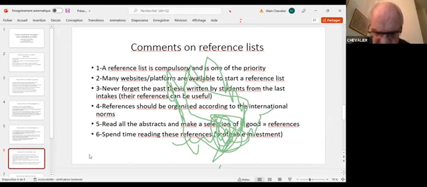Don't forget that, and this is one of the weaknesses of some of your preceding intakes, that we have a large number of websites, platforms, which can be used to extend your references and to design, of course, your reference list. Okay, use them. Use also, as I said a few words this morning on that, past theses written by students from the last intakes.